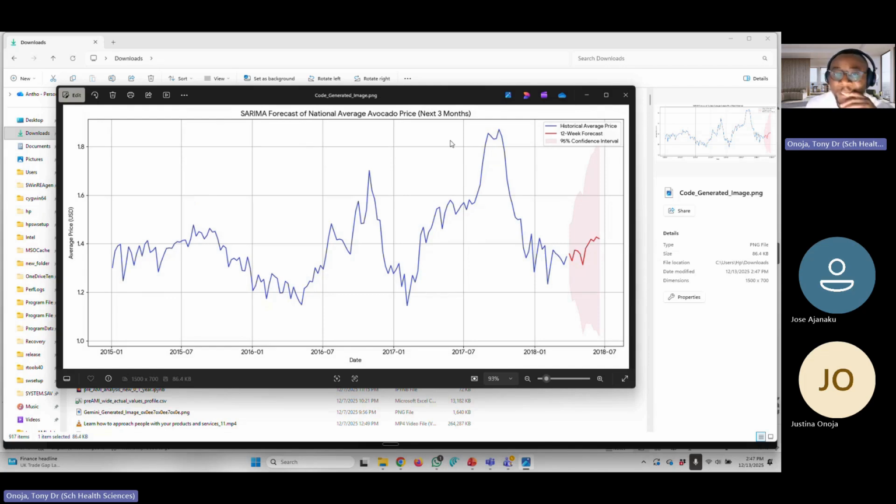It uses a SARIMA for the next 3 months. So you can see actually it's saying in the next 3 months, it uses a 95 confidence interval, which is quite nice, of course, because we could actually see if we are safe. So we are possibly going to see a bit of an increase, compared to the previous spike. And this is a 12-week forecast on the sale of avocado in the next 12 weeks.